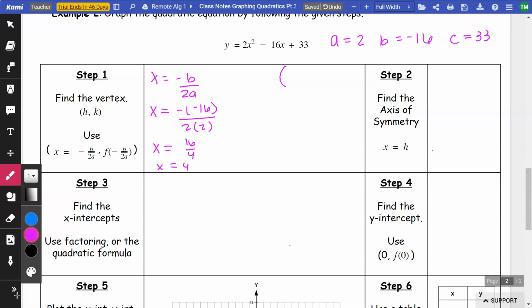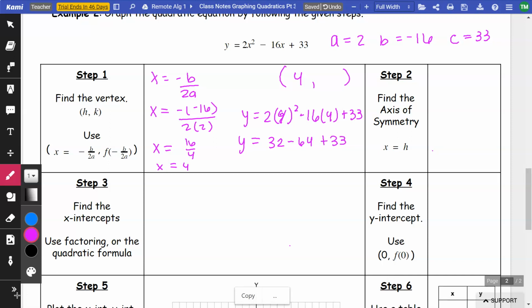So let's plug in 4 and find our y value. So y is equal to 2 times 4 squared minus 16 times 4 plus 33. So 4 squared is 16 times 2 is 32. 16 times 4 is negative 64, and then add 33.